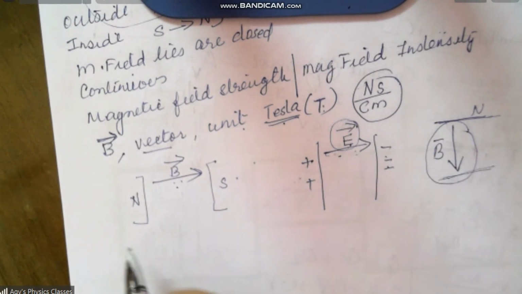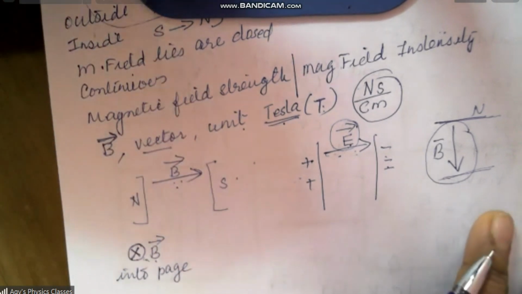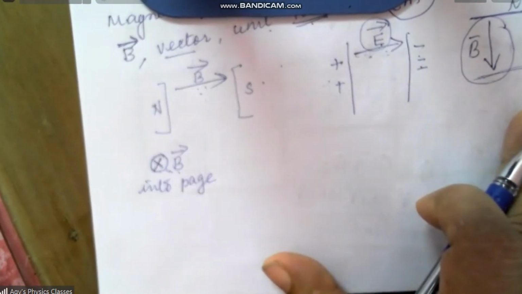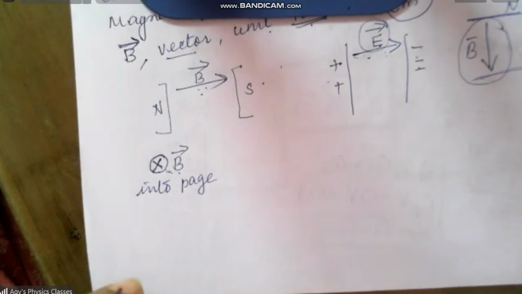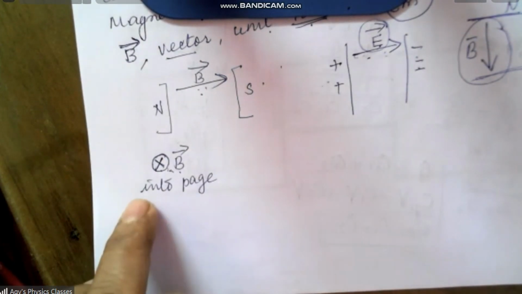Another way of representing magnetic field is into the page. If they say this magnetic field B is into the page, it is represented by a cross. Here you don't have to apply the earlier rule. Now the magnetic field is compared to this paper plane.